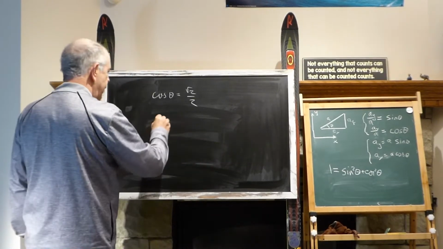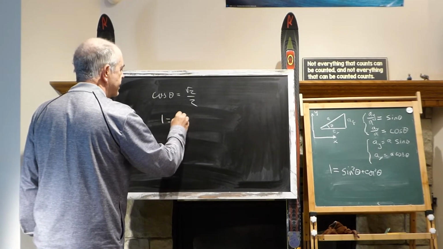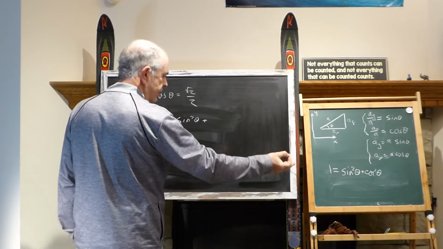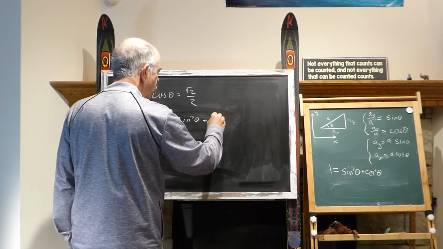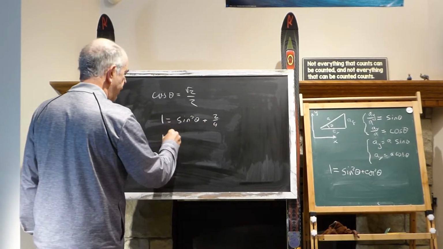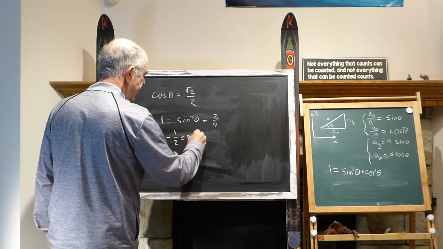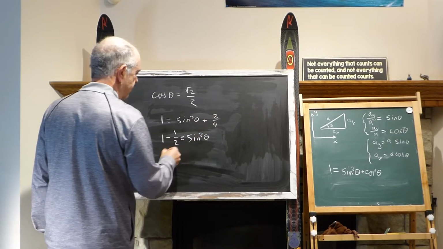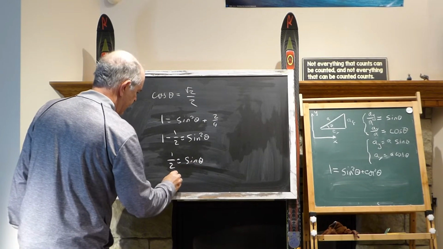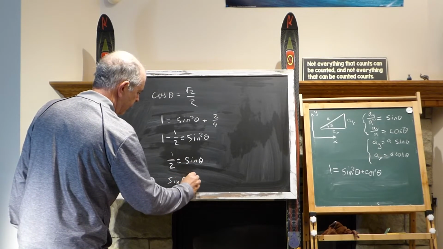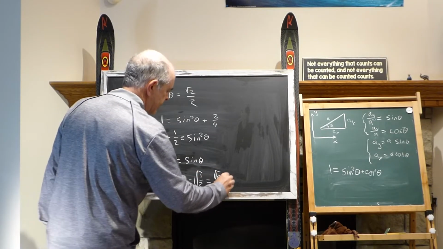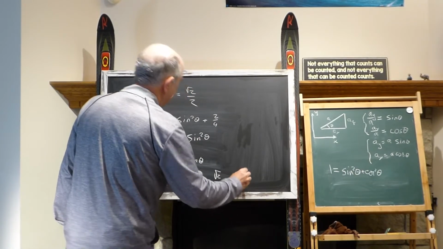Of course, we put it here, we have 1 equals sine squared theta plus this squared, which would be 2 over 4, and we move it this way: 1 minus 1/2 equals sine squared theta, 1/2 equals sine squared theta, sine theta equals square root of 1/2, and it's the same as this, and we have this.